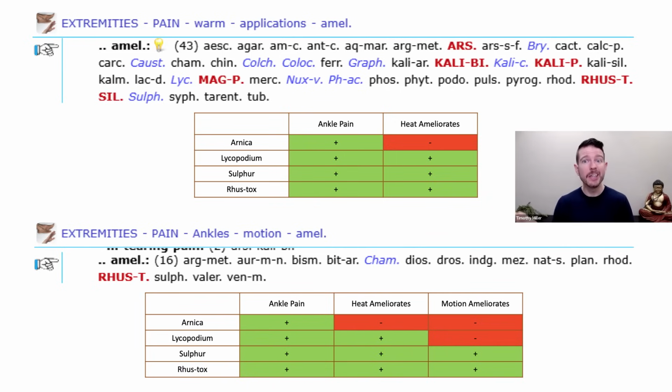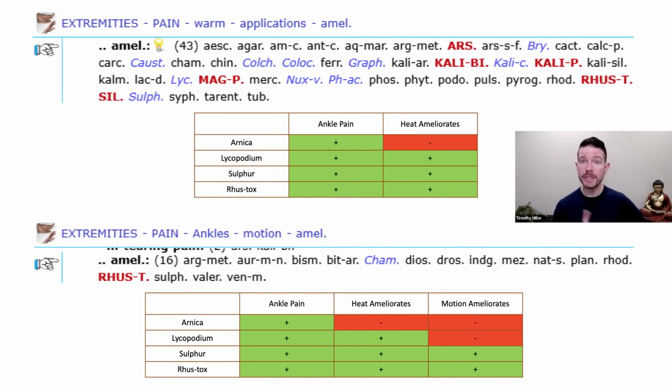So because I've asked more questions, because I've gotten more information, because I know more about the symptoms now, arnica, while it looked like a great choice to begin with, equally with all the rest, now doesn't look so great, does it? Of our 3 symptoms, it only has 1 of them. And of that 1, it's a super general symptom that everyone could have, ankle pain. Any remedy could probably help ankle pain. So arnica's looking less good now.